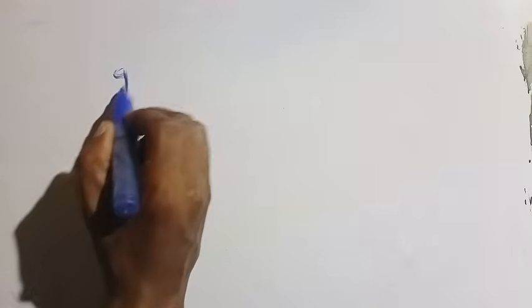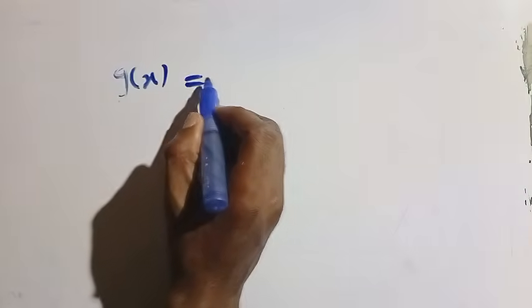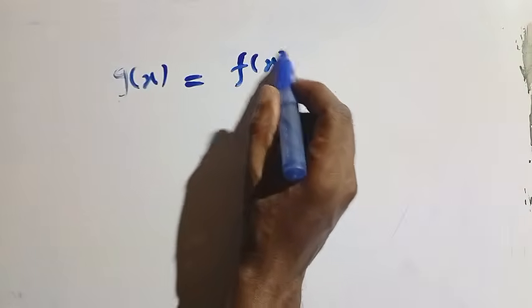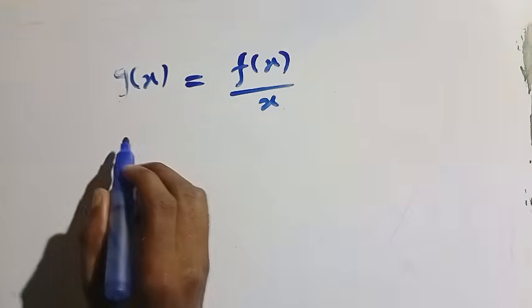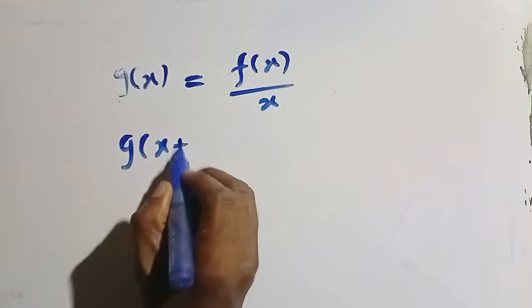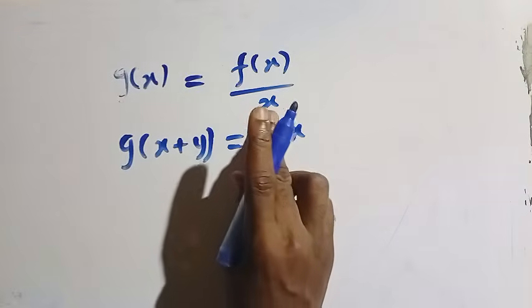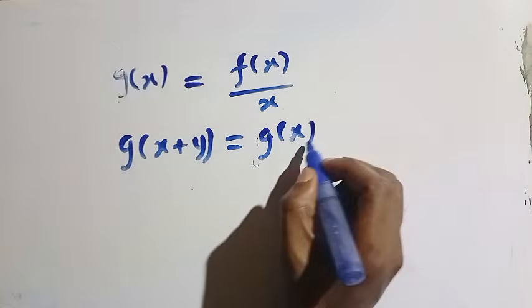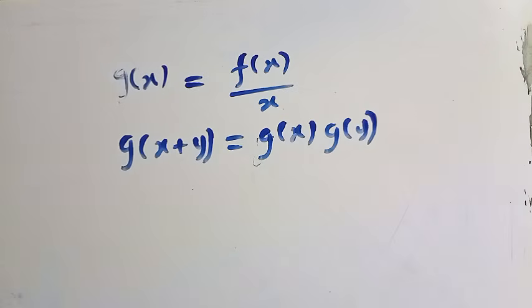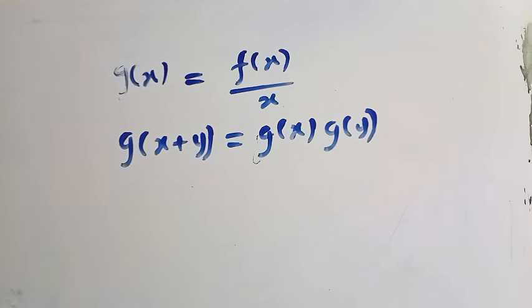So therefore, what we have there is, after the substitution of g of x equals f of x over x, we later get g of (x plus y) equals g of x, g of y. This is Cauchy, but we have to rigorously solve this Cauchy equation.